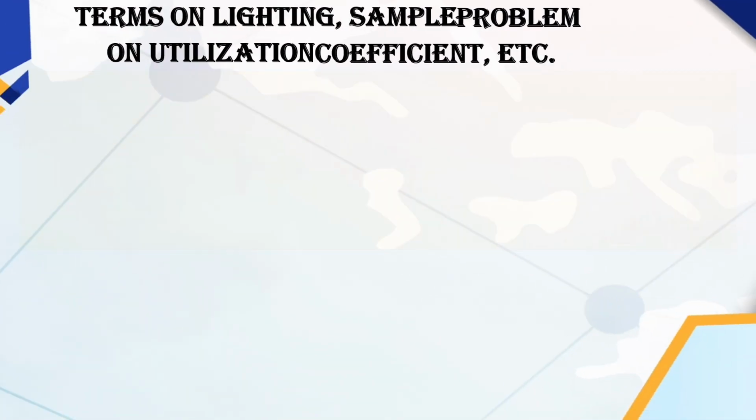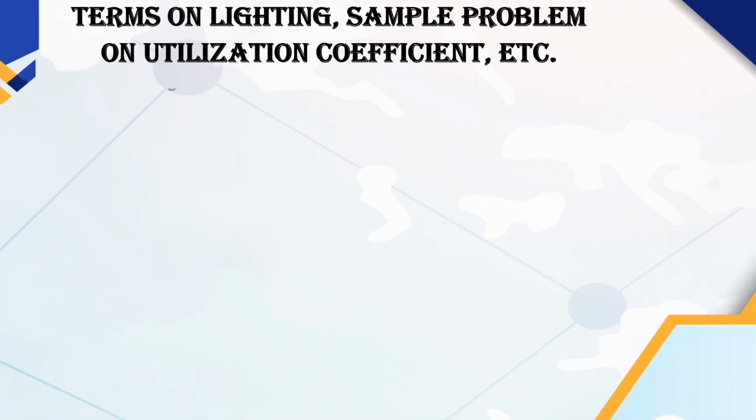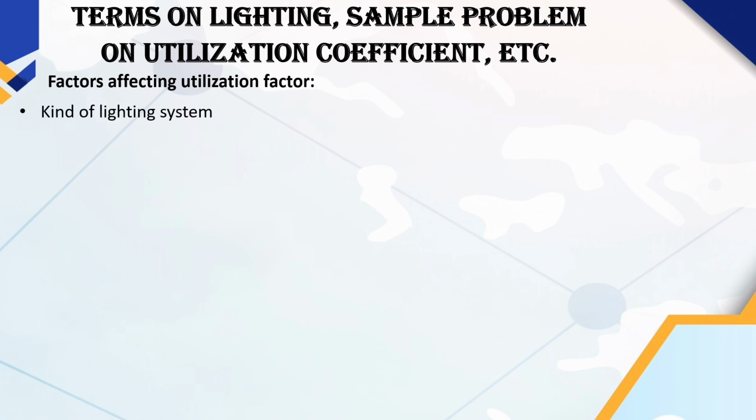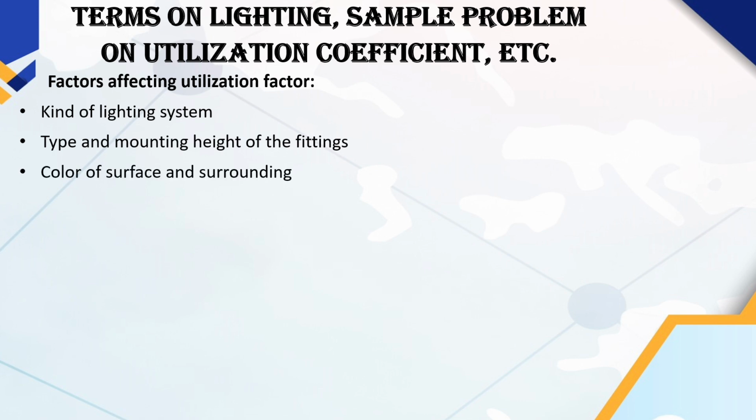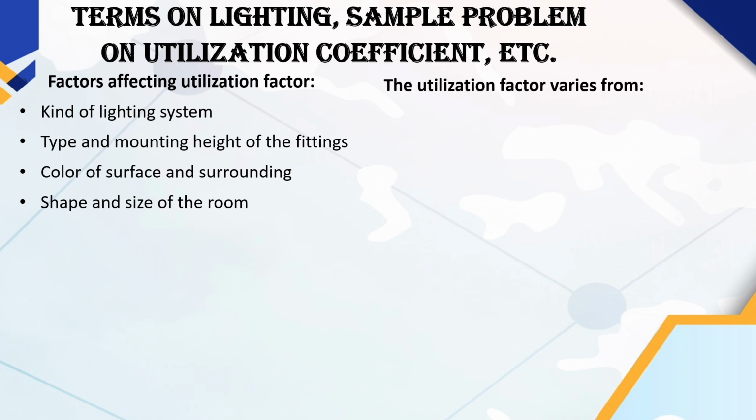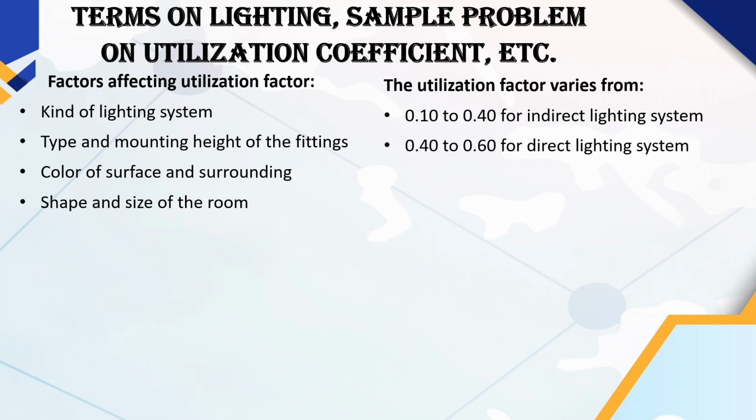The factors affecting the utilization factor are the kind of lighting system, type and mounting height of the fittings, color of surface and surroundings, and shape and size of the room. The utilization factor varies from 0.10 to 0.40 for indirect lighting systems and 0.40 to 0.60 for direct lighting systems.